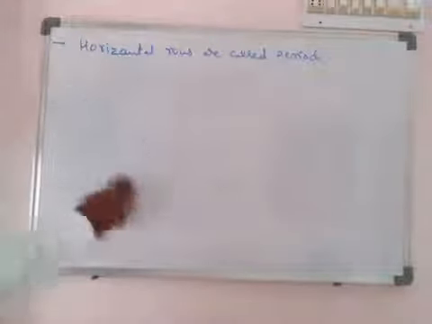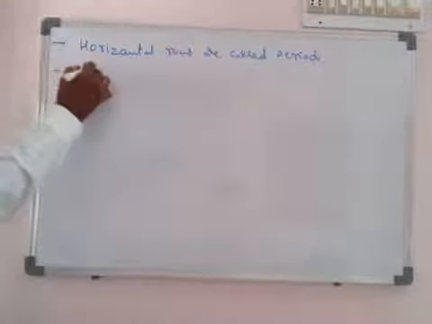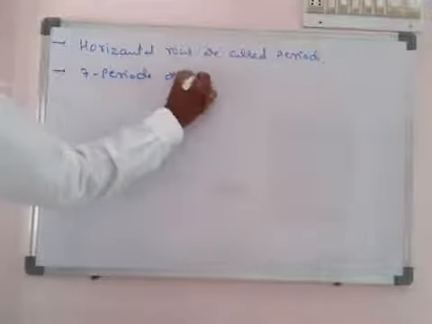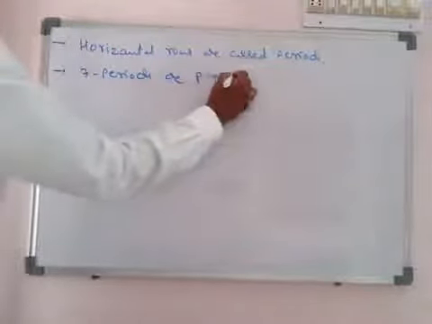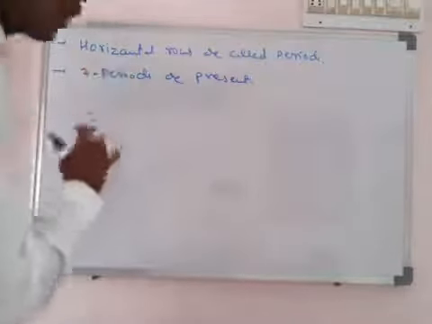Okay. So there are 7 periods present in this table. 7 periods mean horizontal rows.